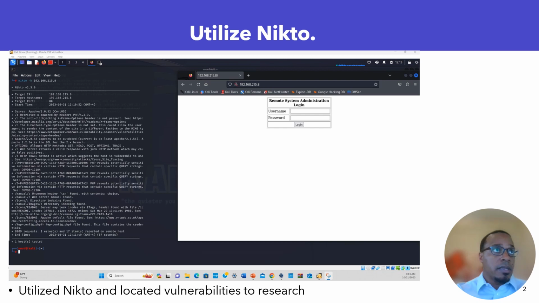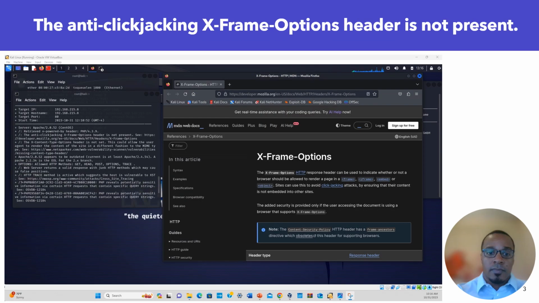Alrighty, here we utilize Nikto and were able to effectively locate vulnerabilities to research. One of those vulnerabilities was the anti-clickjacking X-Frame-Options header.